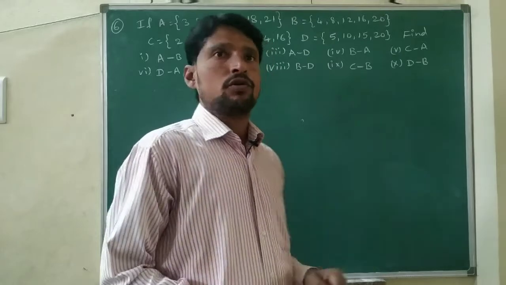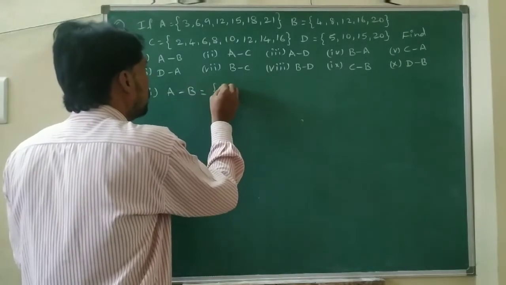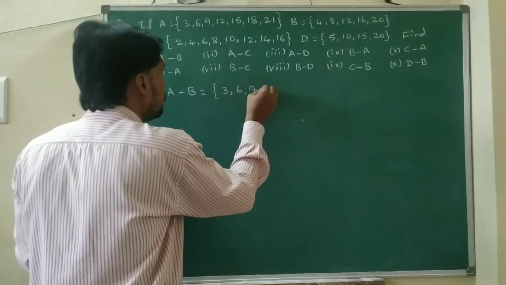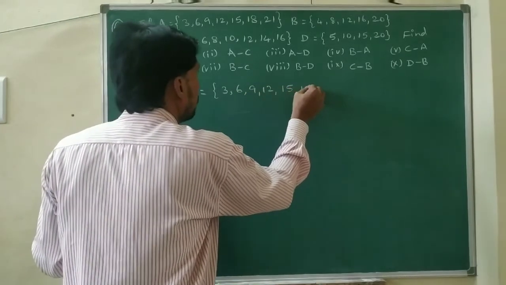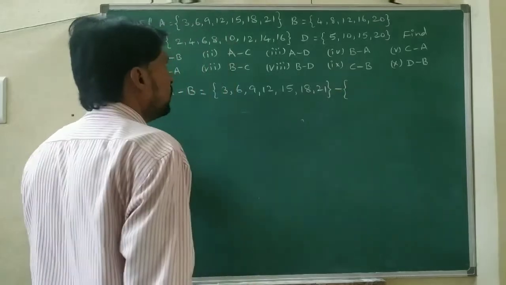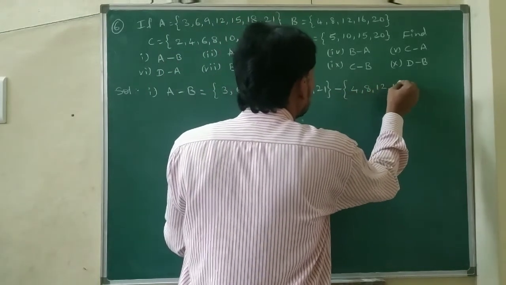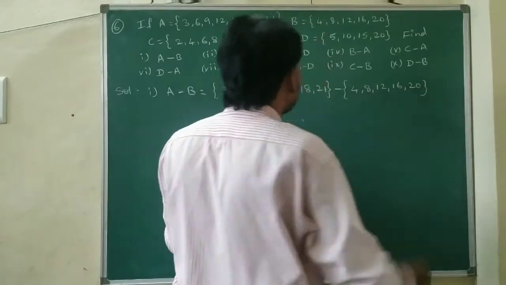Let us see the sixth solution. So here A, B, C, D values are given. First we need to find the difference A minus B. So what is the set A? A equals 3, 6, 9, 12, 15, 18, 21, minus B. What is B? B is 4, 8, 12, 16 and 20.